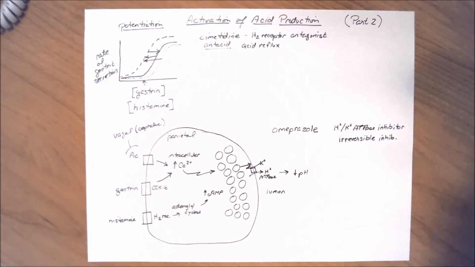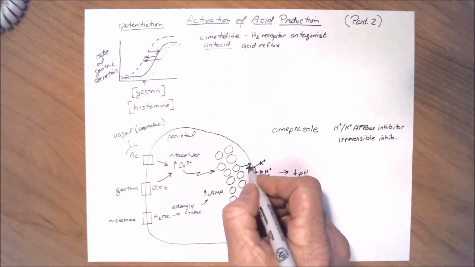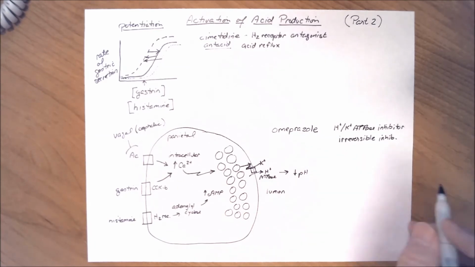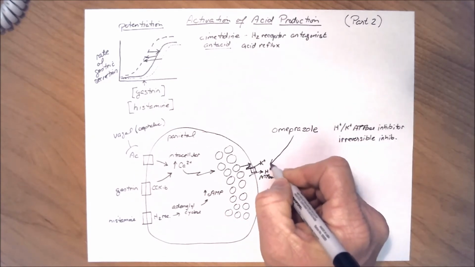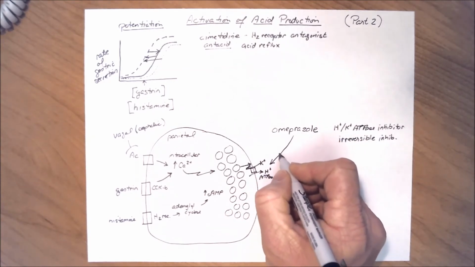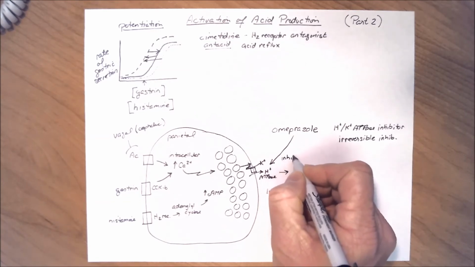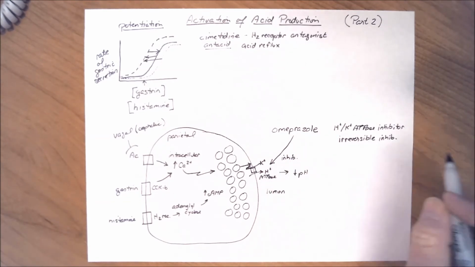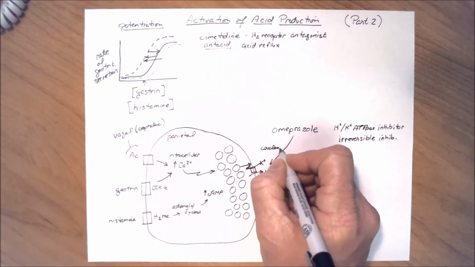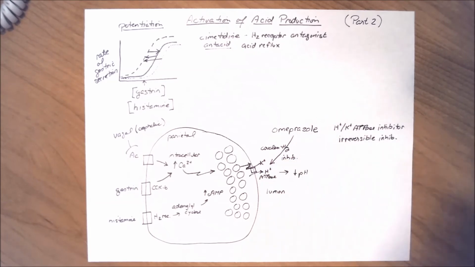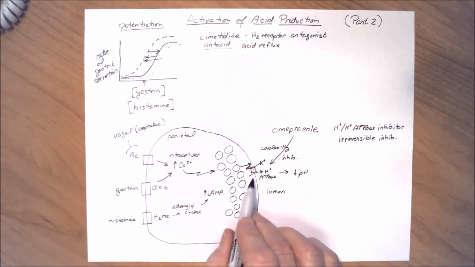Now, what does that mean? We have to go back to a little bit of our kinetics and biochemistry. The ATPase antiporter, once it's exposed on the cell surface, is in a position to be inhibited by omeprazole. This drug binds covalently to the transporter.